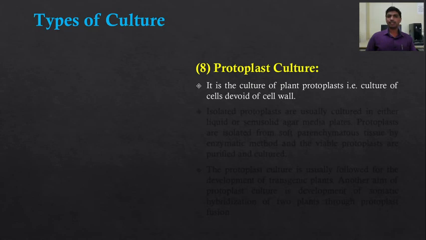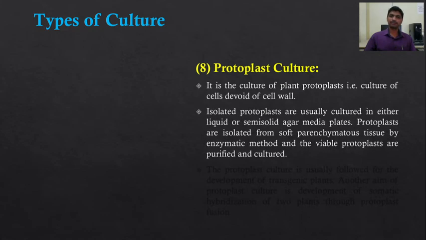So protoplast is the cell without cell wall. For this protoplast, the plasma membrane is the limiting membrane, the outermost membrane, because we removed the cell wall.